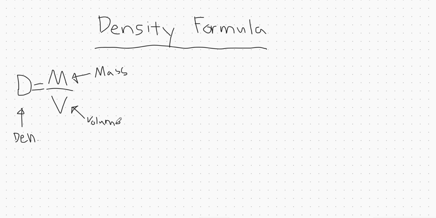Each of these three variables can be manipulated to find the other, and each of these variables can also be measured in different units. So for mass, mass is essentially the weight of an object.